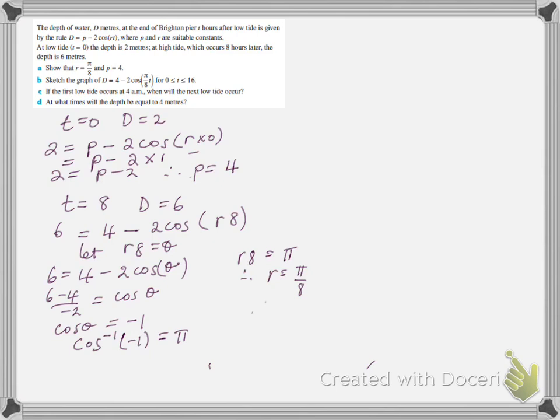The other way you can look at it is we know that the period is 16. We can work that out because going from low tide to high tide takes 8 hours, and then in another 8 hours you're going to go back to low tide.